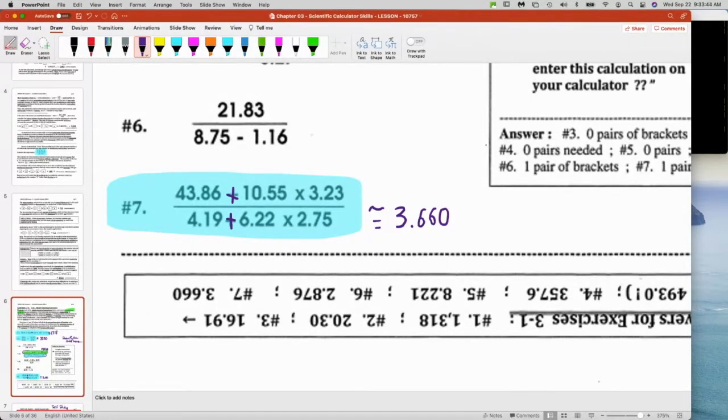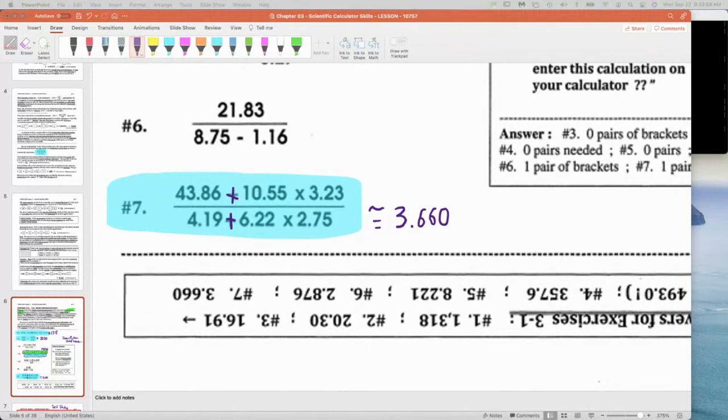How do you get Python, Matthew? You can download Python for free for Windows, for Mac, or whatever. Oh yeah, Nicholas is talking about the fraction button. On your calculator, most calculators have a button that looks like this, A, B, C. That's your fraction button, so you could use that button.